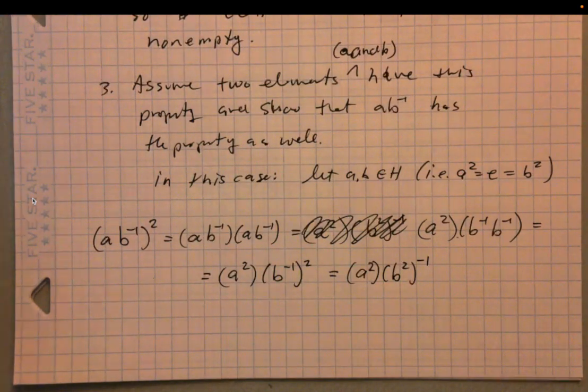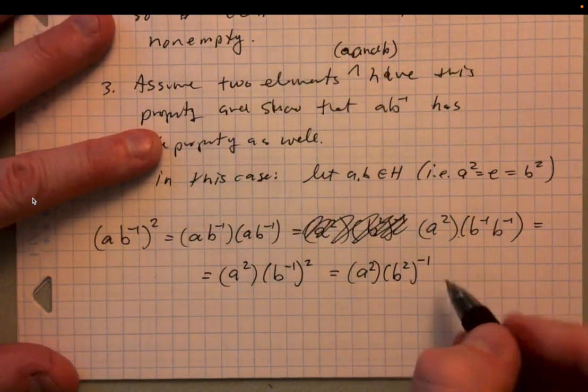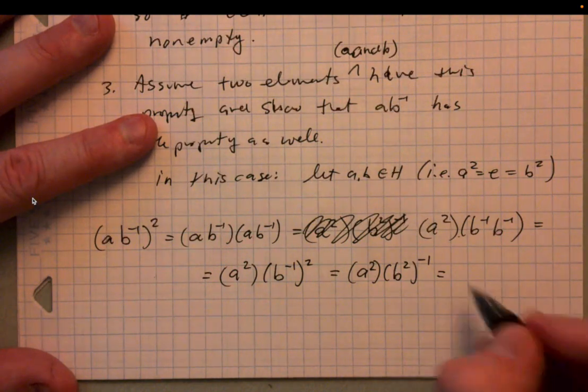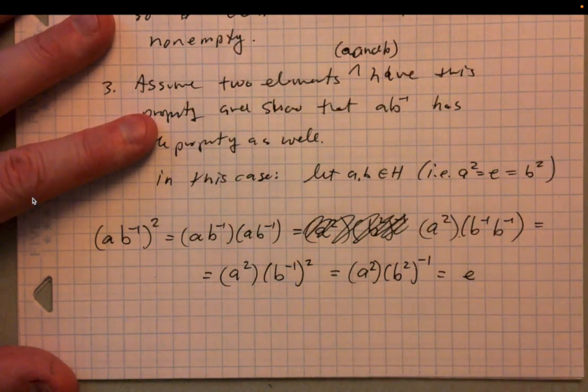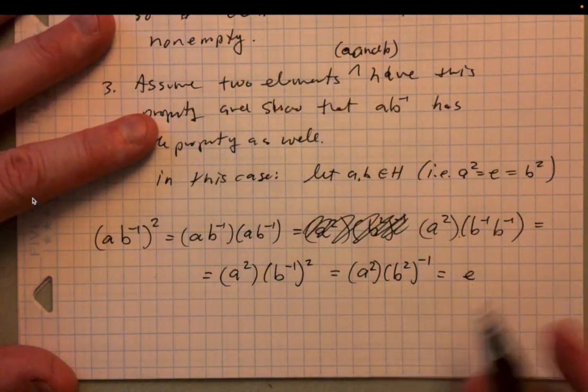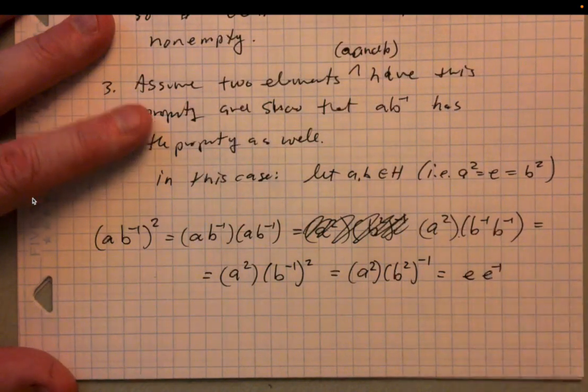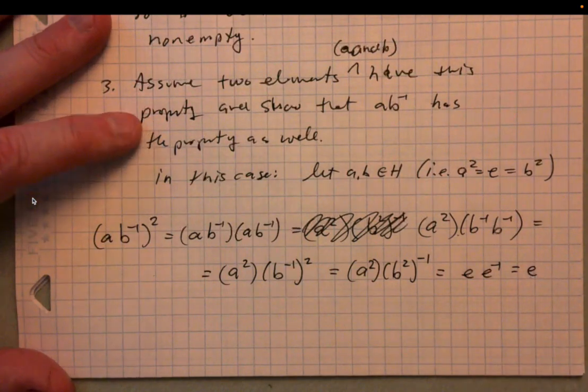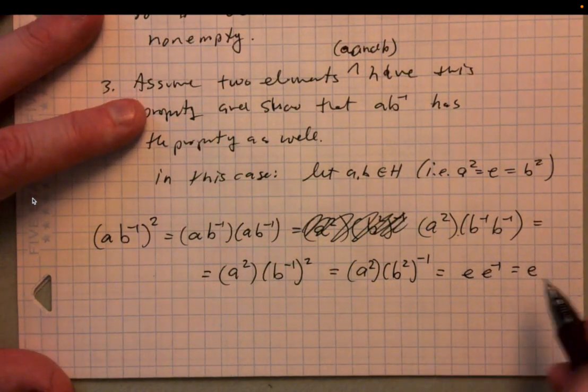And I know then that this is equal to, A squared is E, and B squared is also E. So I've got E times E inverse, and I know that is equal to E as well. So that's the key here.